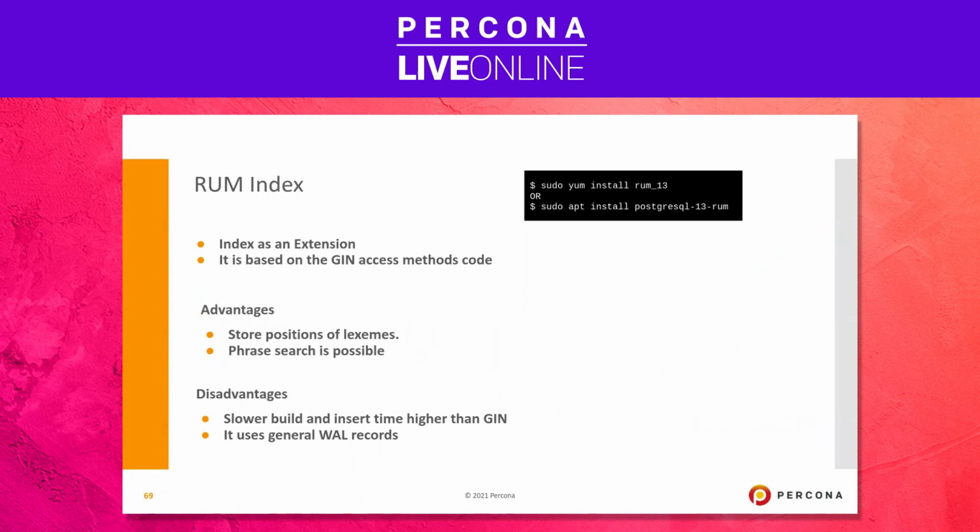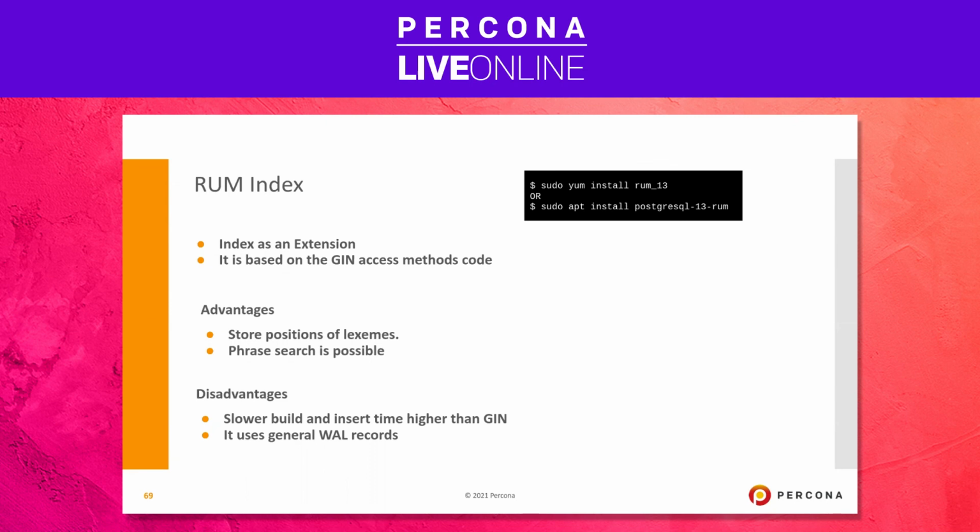And the RUM index is an example of an external index. Postgres supports creating custom indexes as extensions, so this is created as an extension. The underlying concept is based on the GIN access method, and the problem the RUM index is trying to solve is that it is capable of storing the positions of the text lexemes.